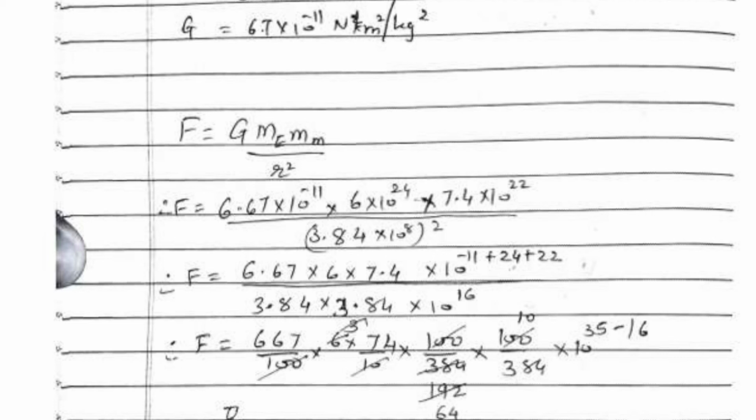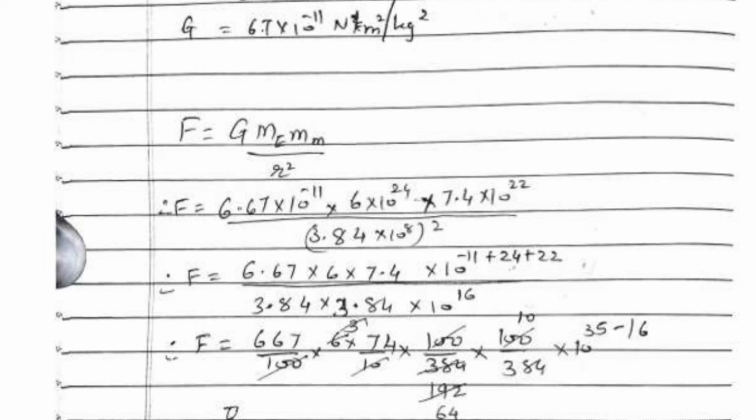So we have the value of G as 6.67 into 10 raised to minus 11, right? And now the mass of earth is 6.6 into 10 raised to 24. Then mass of moon is 7.4 into 10 raised to 22. And upon that you have R square. So R we have found out as 3.84 into 10 raised to 8, and its square.